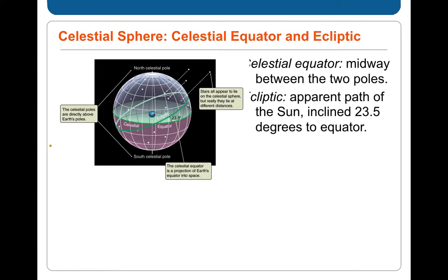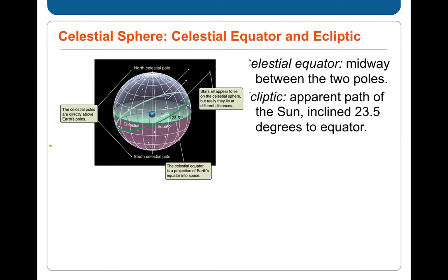So you take the North and South Poles, connect them with a line, and extend that to infinity, and that would indicate points in the sky that are the so-called North Celestial Pole and South Celestial Pole. By the same token, if you take Earth's equator and extend it out to infinity, you define the so-called celestial equator.